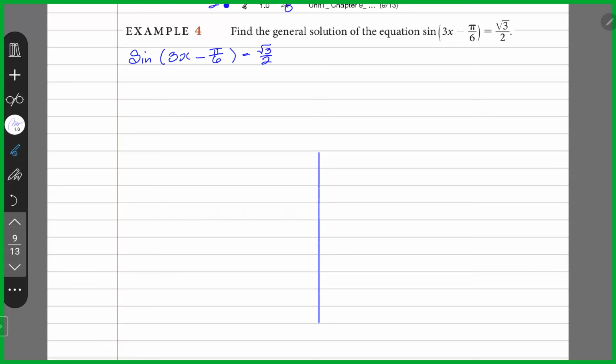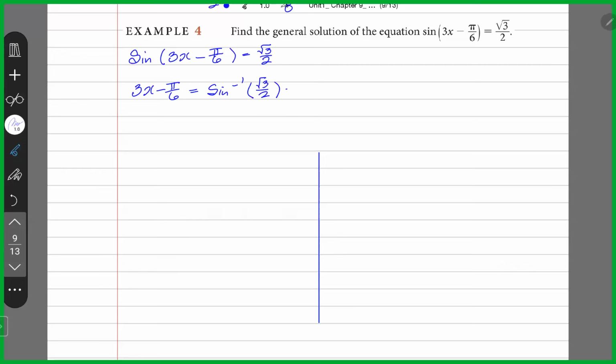If I'm given the sine of an angle and I want to find what the angle is, I must use sine inverse. So the angle is 3x minus pi by 6, and this is equal to sine inverse of root 3 over 2.